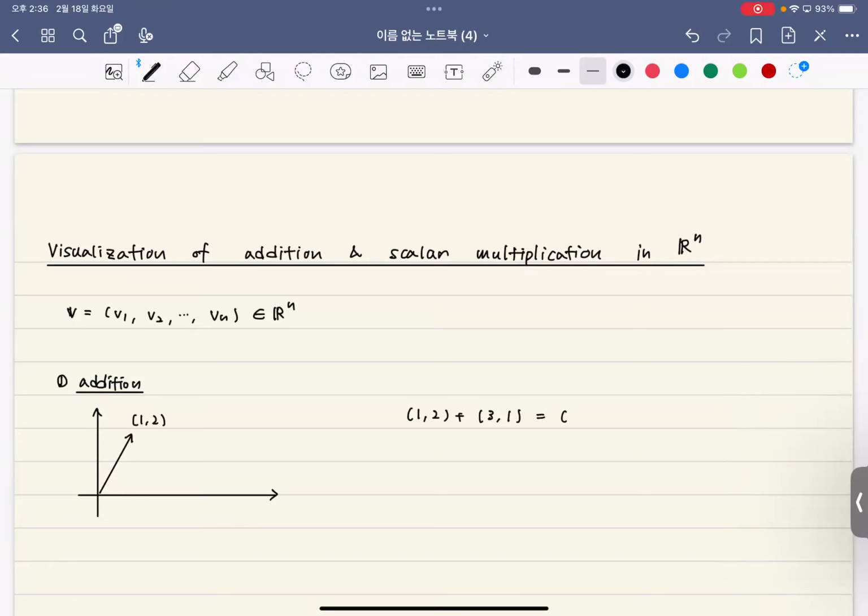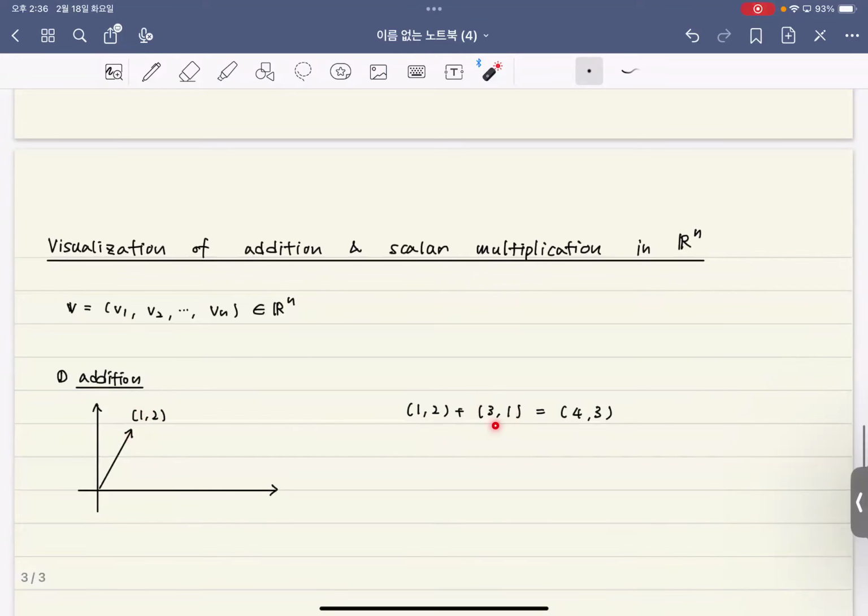And the answer is, well, easy, (4, 3). So how do we visualize this? This vector (1, 2) should be drawn like this. This is the endpoint of this vector, and the coordinate of this endpoint is going to be x coordinate 1 and y coordinate 2. And if I then want to visualize the other one, I will have this vector, right?